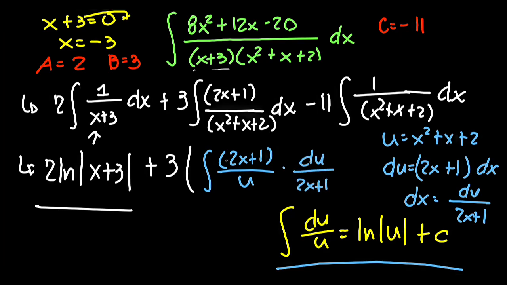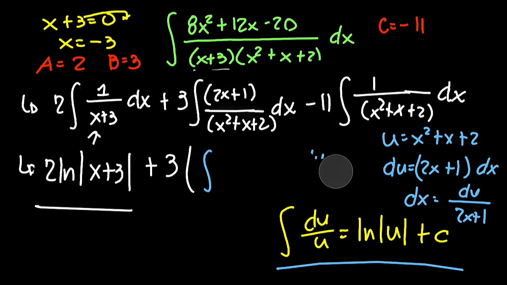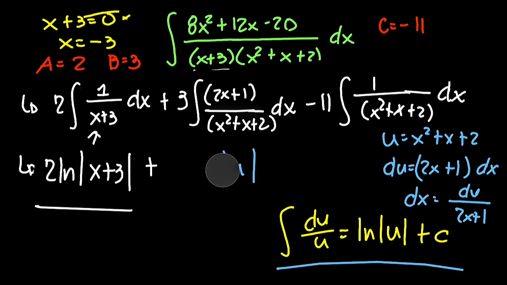You can see it would cancel each other out, and you are left with du over u once again. And according again to the formula, it is just equal to ln of absolute value of u. And our u here would be equal to this one. And now our answer here would be equal to 3 natural log of absolute value of u, which is x squared plus x plus 2.